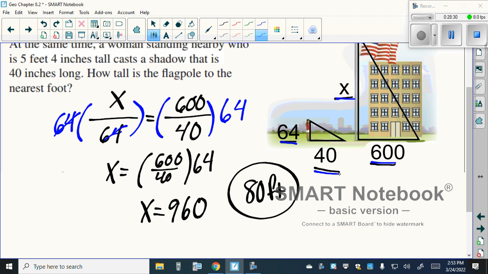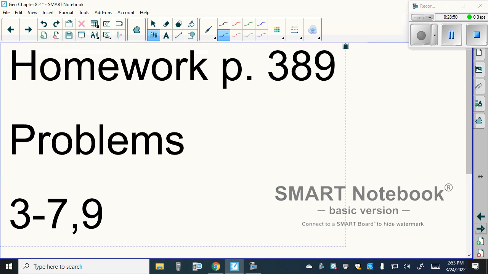And as long as we're comparing the same proportions, we could do it either way. The way that we might run into issues is if I start comparing height to shadow and then shadow to height. Once I start mixing them, then it goes a little bit sideways. But that works as well. And that's it. And you do have enough time to actually finish this in class.